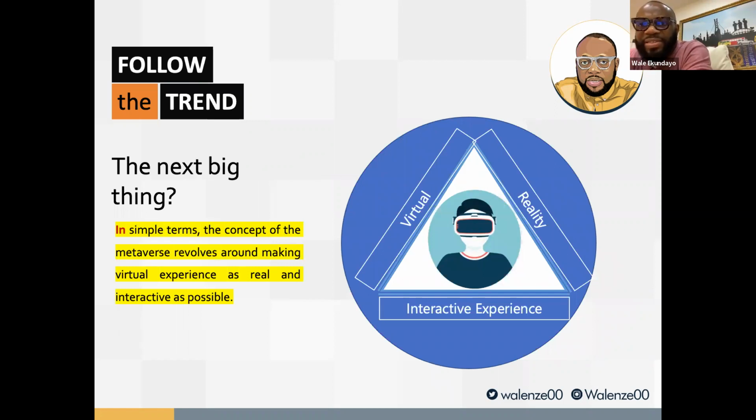The next big thing, in simple terms, is the concept of the metaverse, which revolves around making virtual experience as real and interactive as possible. Demola here, for instance, is somewhere outside of Nigeria. I am here in Nigeria. I'm not sure where each and every one of you participating is right now.